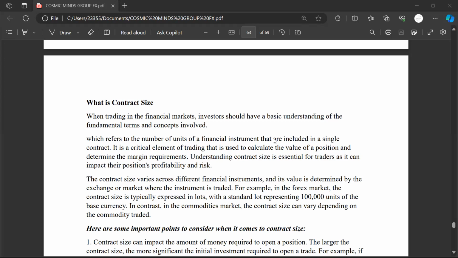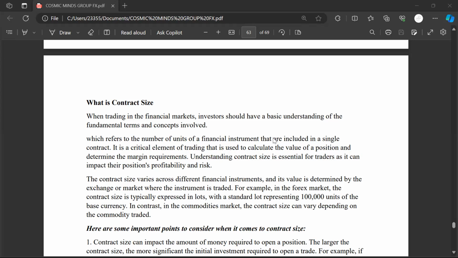What I can tell you now, for it to be easy for you, is that the units contained in a lot size are simply the quantities in it. So you can just say that the contract size is the units in the lot size, right? It's as simple as that.